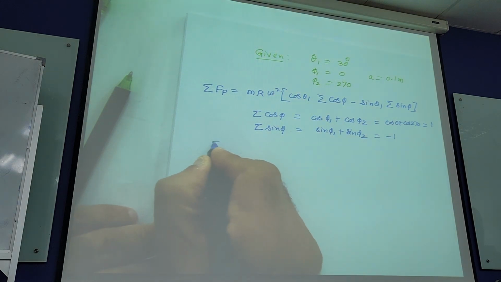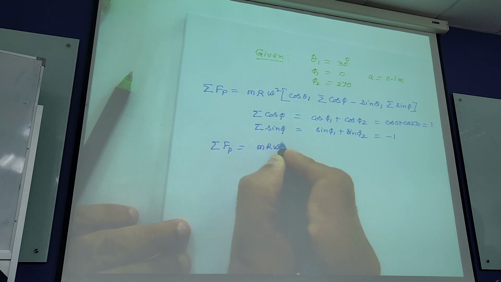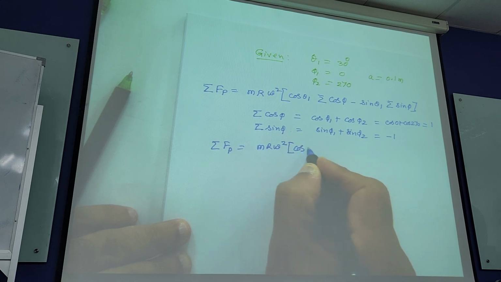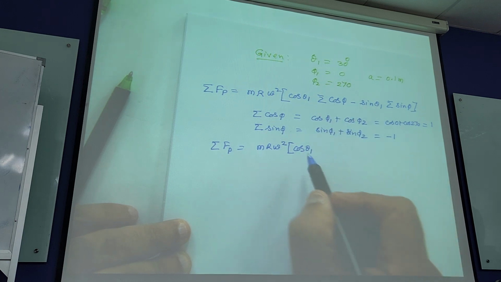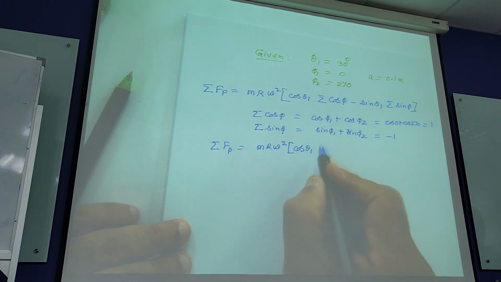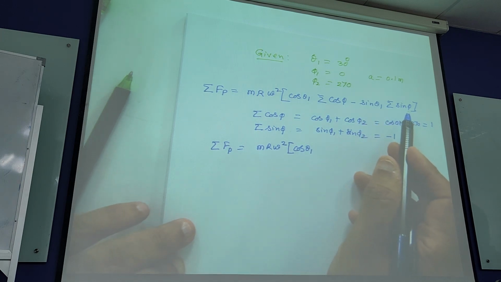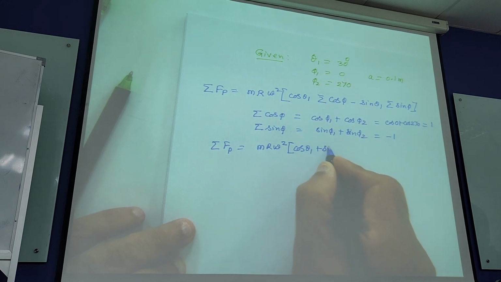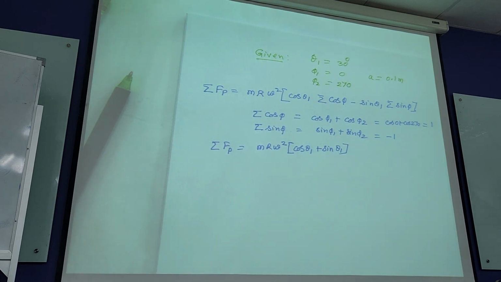Now the sum of the primary forces will be m r omega square, cos theta 1 into the sum of cos phi, which is 1, so I can just leave it as cos theta 1, then minus sine theta 1 into the sum of sine phi, which is minus 1. Minus of minus will be plus. So my primary force is m r omega square into cosine theta 1 plus sine theta 1.